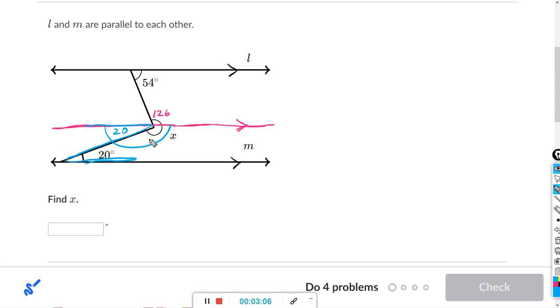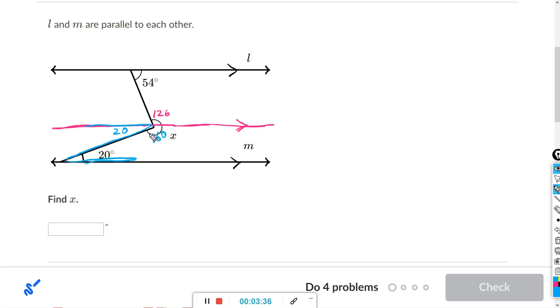If this one's 20, this one right here is going to be 180 minus 20, and that equals 160. So I'm going to fill in 160 right there.